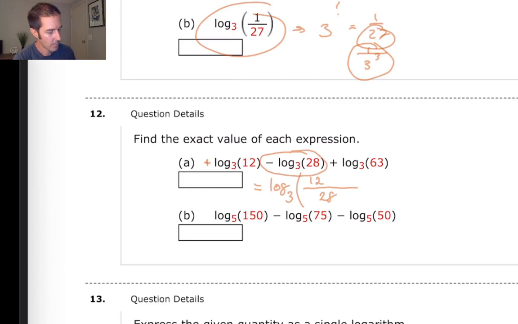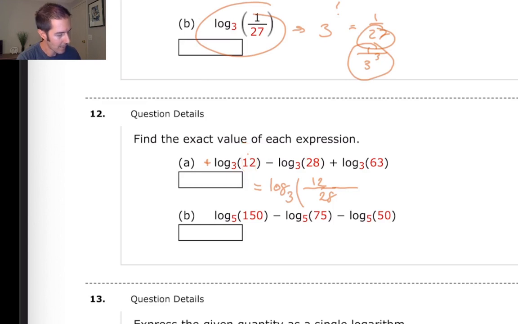So now I'm doing, let's see. I see the 12 here, I see the minus sign here, and the 28 here.